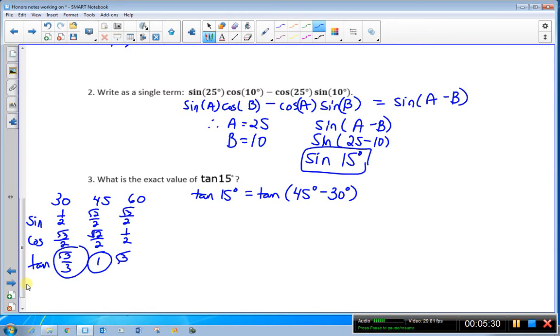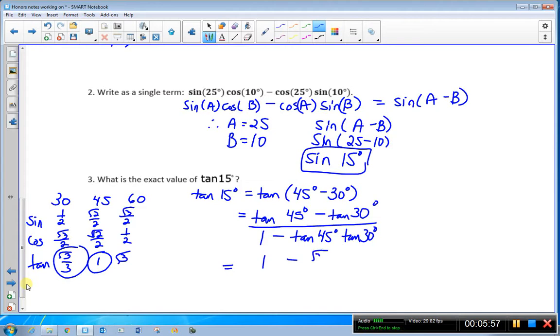So the tan of 45 minus 30 is like the tan of A minus B. So that's the tan of 45 minus the tan of 30, all divided by 1 minus the tan of 45 tan 30. And so the tan of 45 is 1. Tan of 30 is radical 3 over 3. So we end up with a complex fraction.